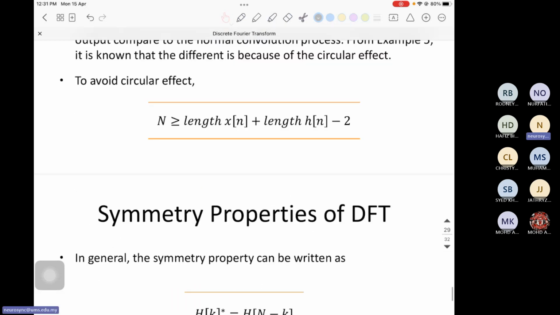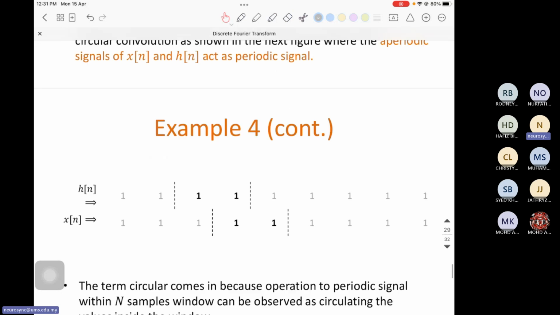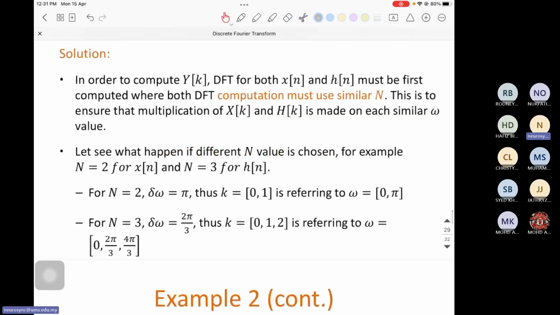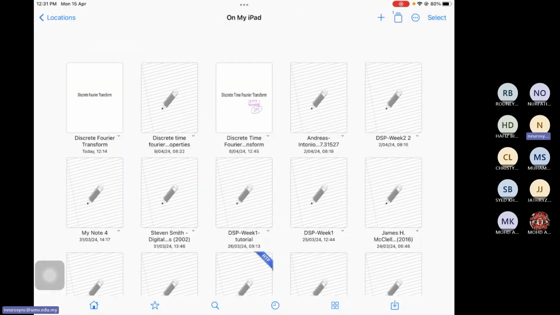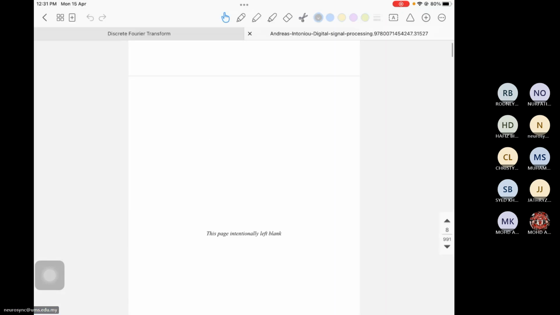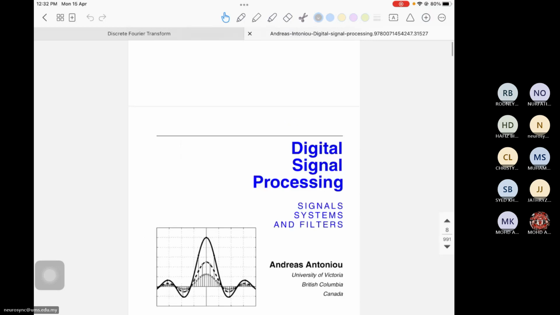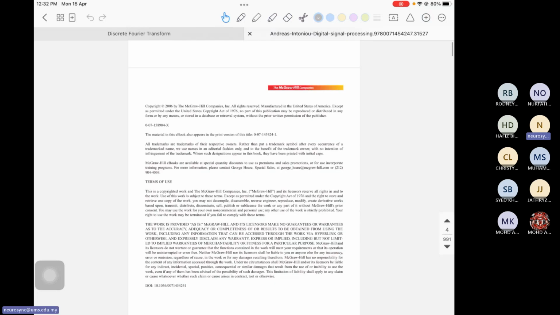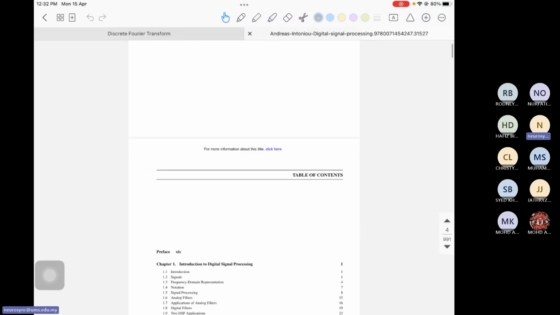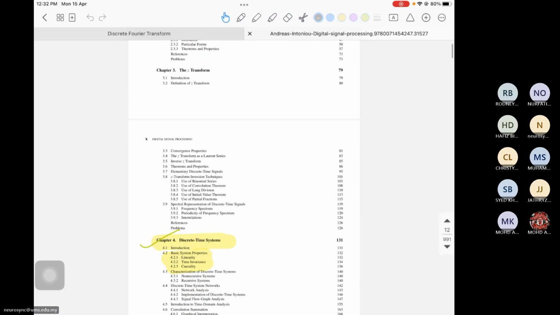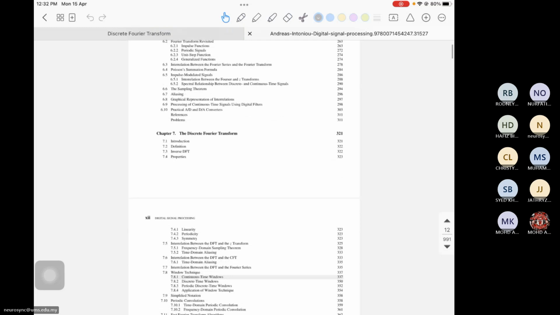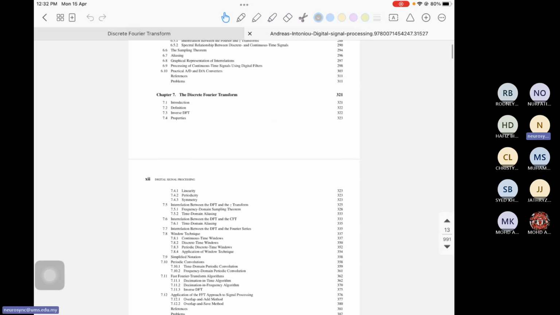So this topic, DFT, discrete Fourier transform, please read some portion from the book which I have shared with you, Antoniou's book. Here is the chapter number, chapter number 7.